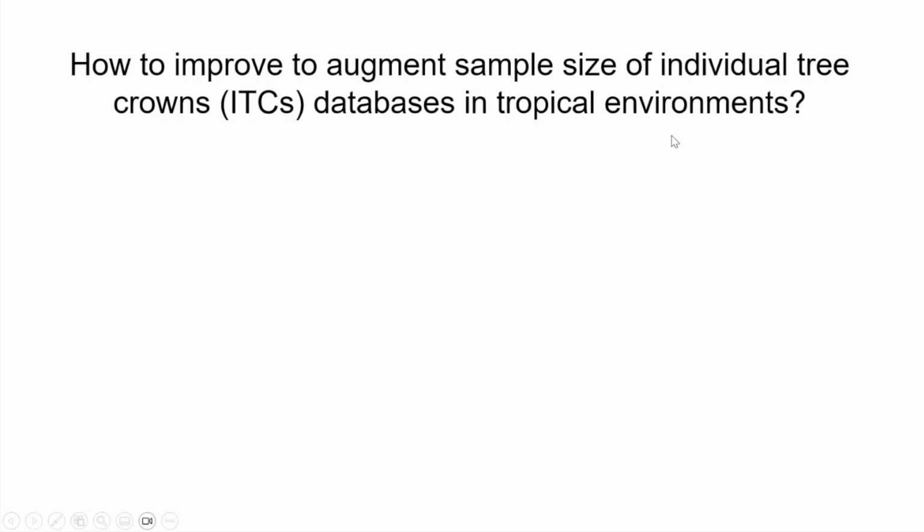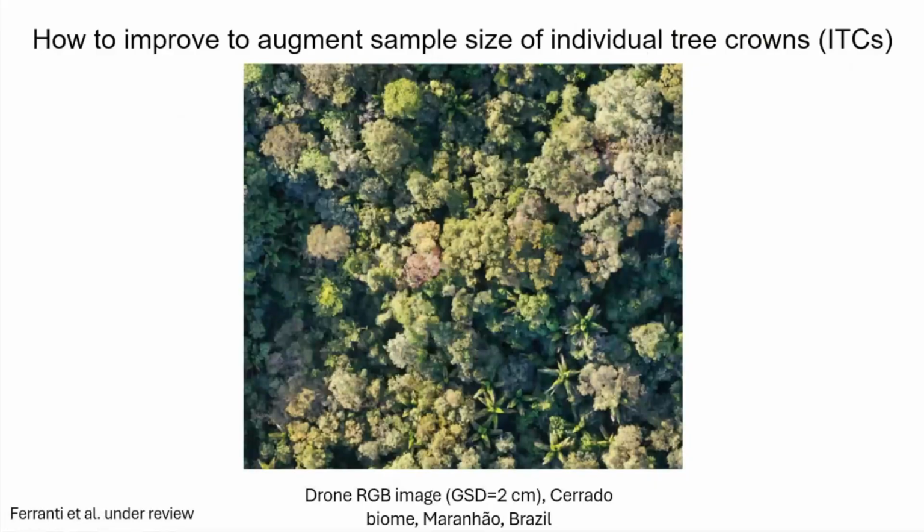So we are now working on answering this question: how to improve and augment the sample size of individual tree crown databases in tropical environments. Here are some of the tests that are currently under review, in which we would like to augment individual tree crown datasets. Here we are showing an RGB image that was acquired using a drone.